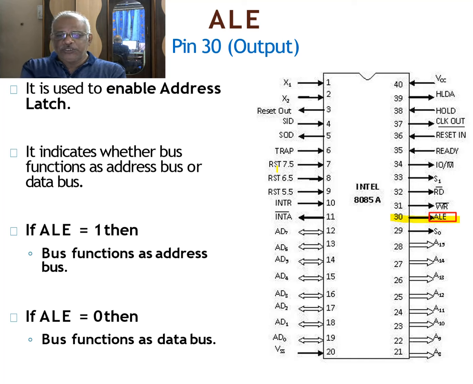Remember, microprocessor has two buses, the address bus and the data bus. Address bus is of 16 bits and the data bus is of 8 bits.